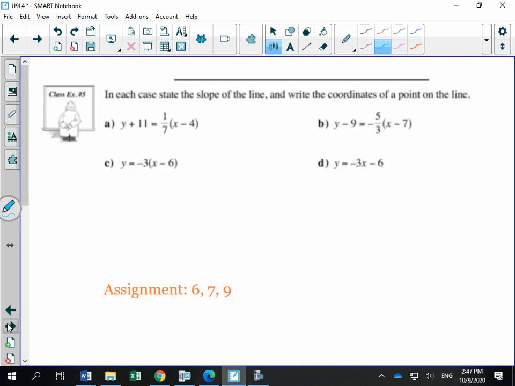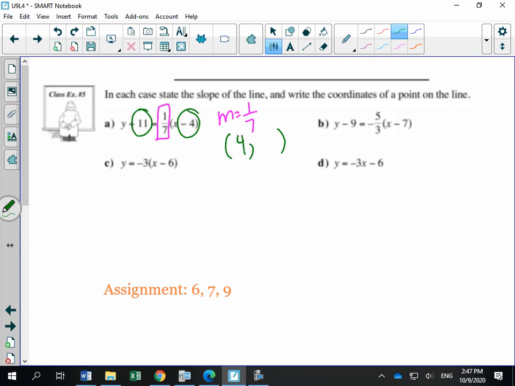Okay, the last question that we have, and then you'll do some assignment questions, is class example number 5. It says, in each case, state the slope of the line and write the coordinates of a point on the line. Nice and easy. That's the slope of your line. The point on this line: the opposite of -4 is 4.